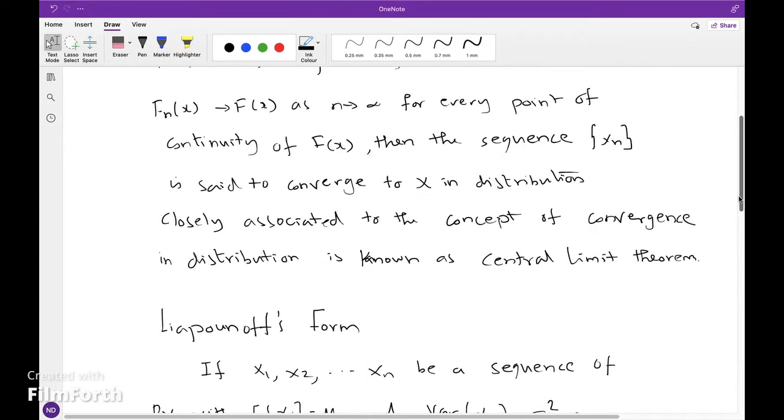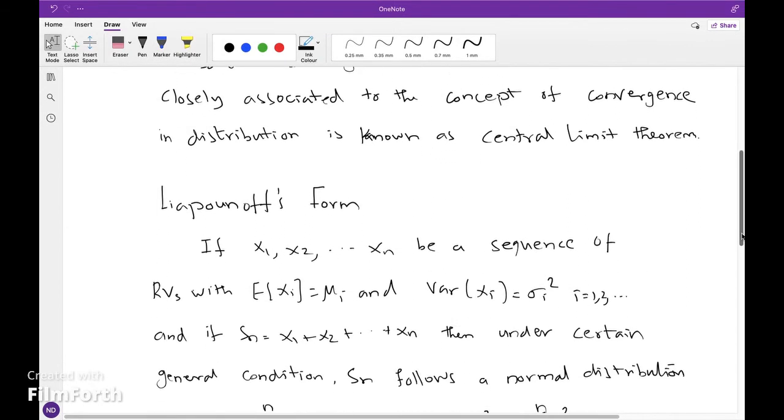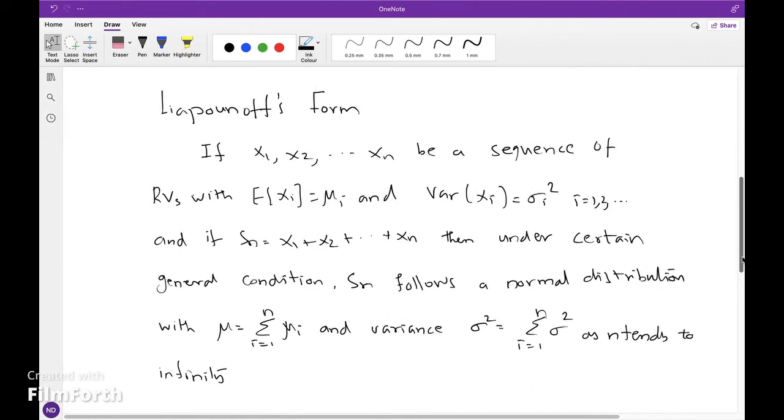The first one is the Liapunov form, another one is the Lindeberg-Levy form. In the Liapunov form, take a sequence of random variables with E of Xi equal to mu i and variance of Xi equal to sigma i squared.